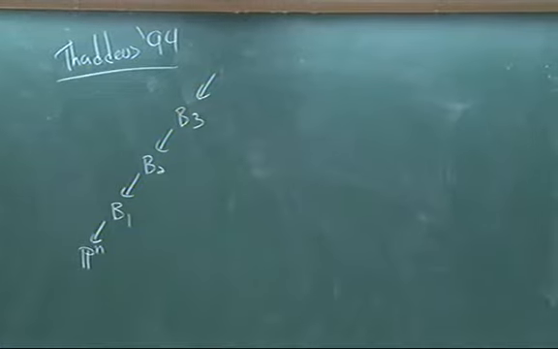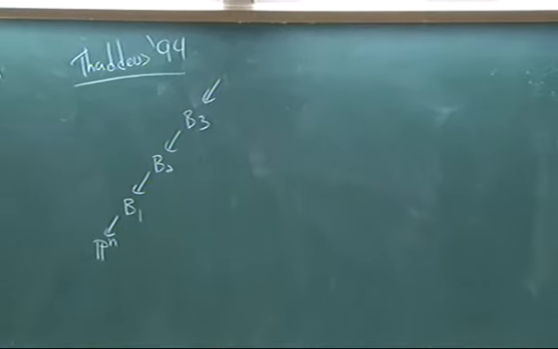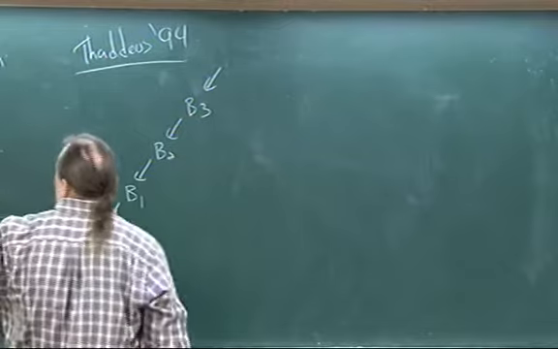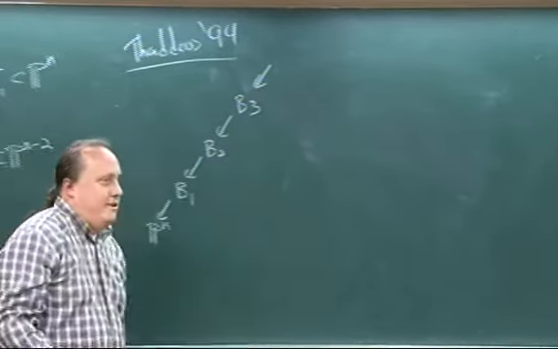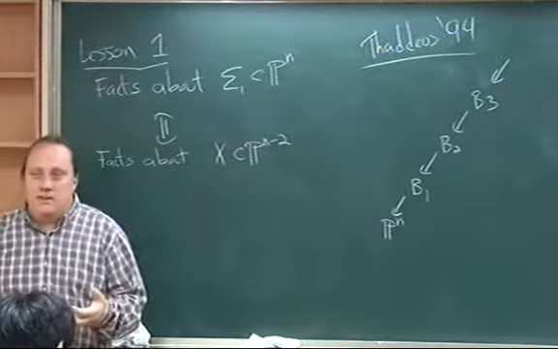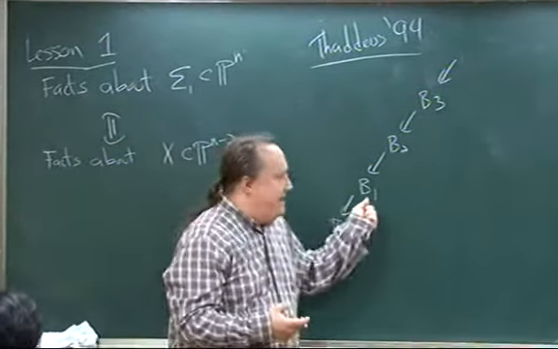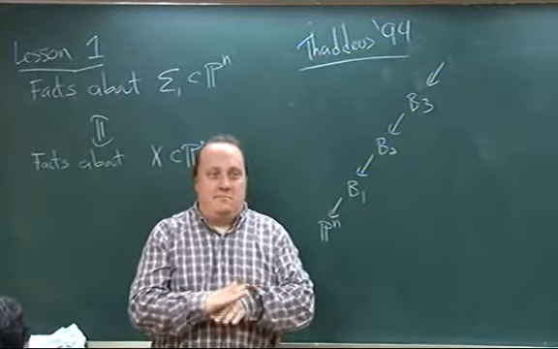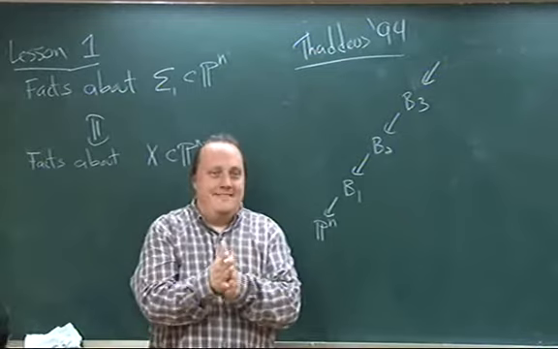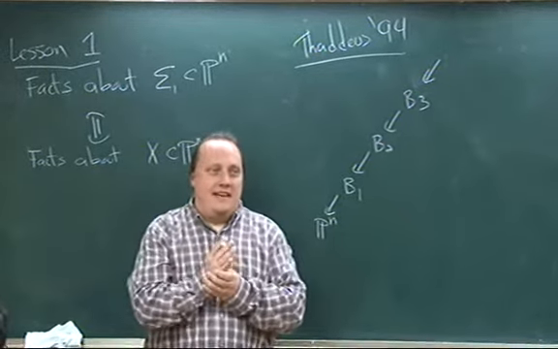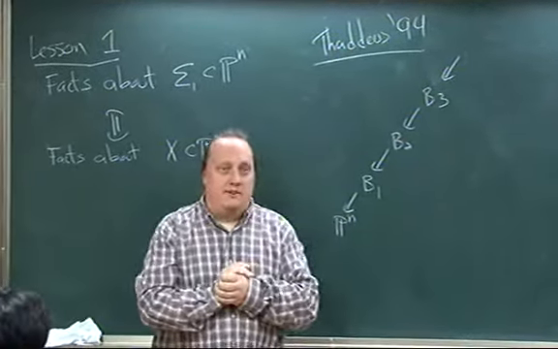Michael Thaddeus in '94, in his thesis, took what Aaron had done and reinterpreted the problem as a problem about the moduli space of pairs. This is sort of a very well-known work now of sections and a rank 2 bundle.